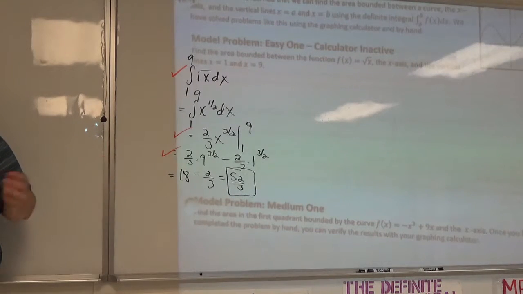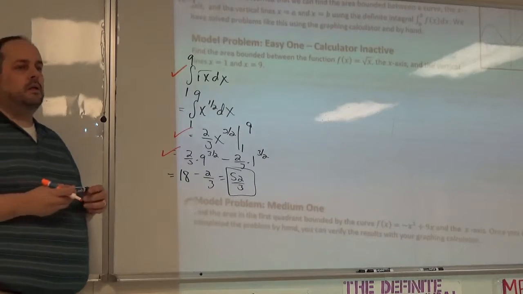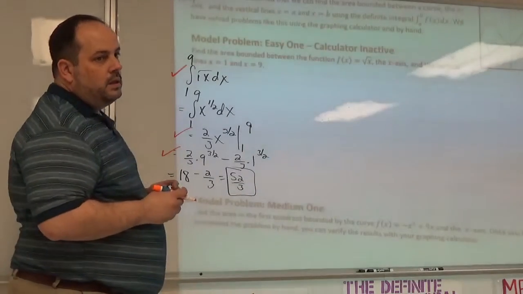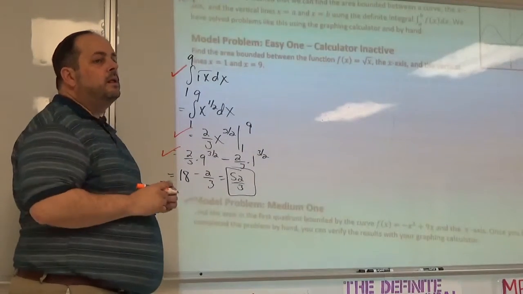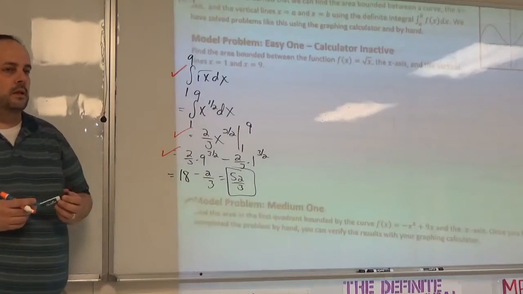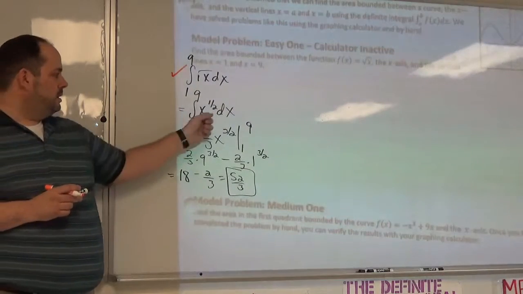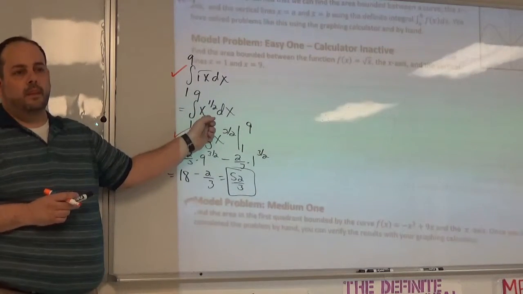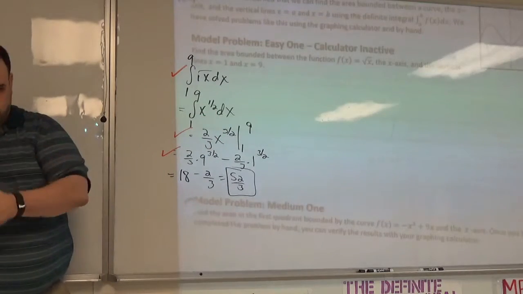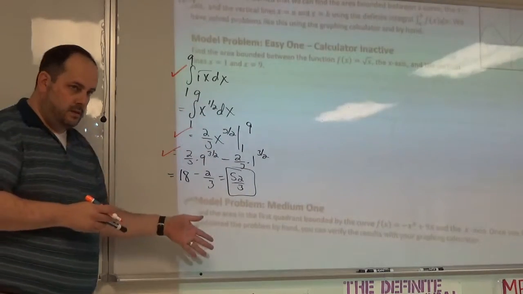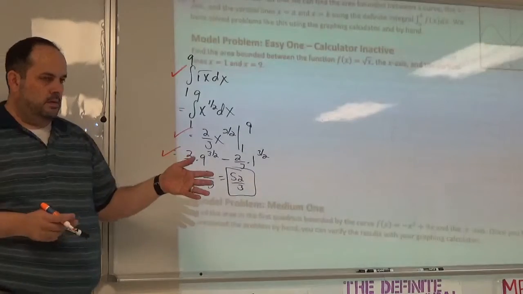Based on the fundamental theorem of calculus, if we find the antiderivative, from 1 to 9, you would find the area.